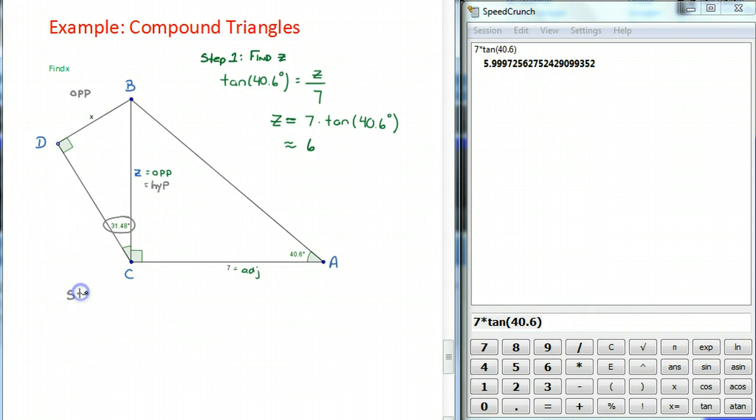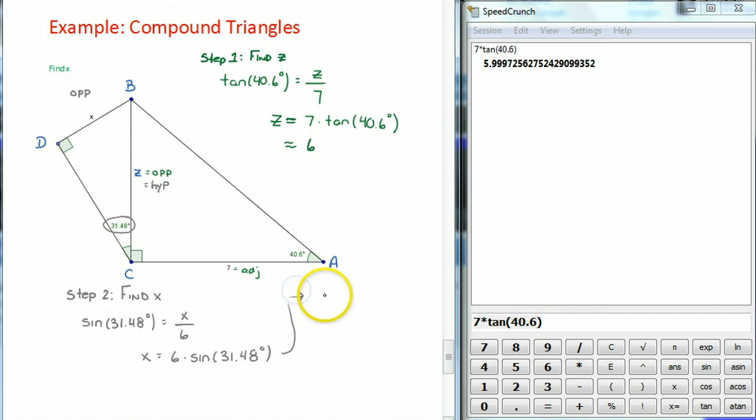So step 2, we're going to find x. Sine 31.48 degrees is equal to the opposite, which is x, over Z, which is 6. So therefore, x is equal to 6 times sine of 31.48 degrees.